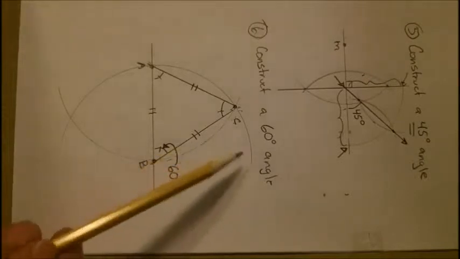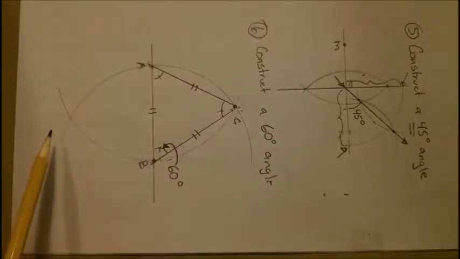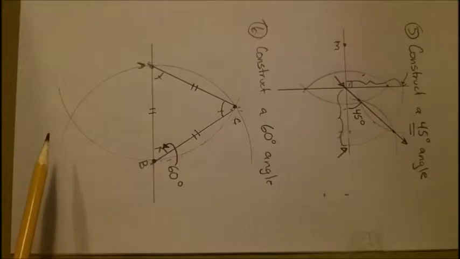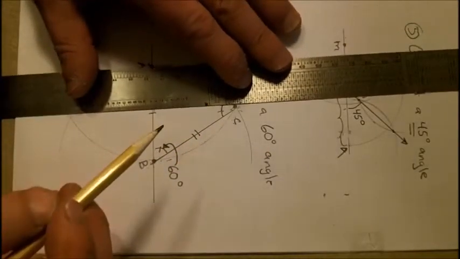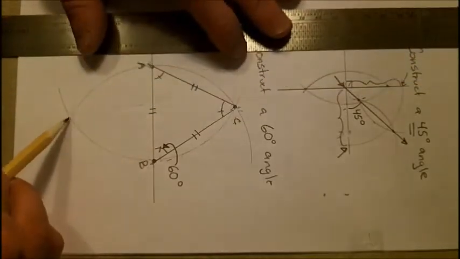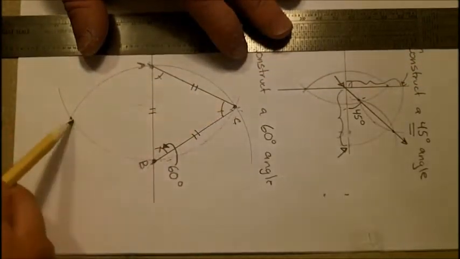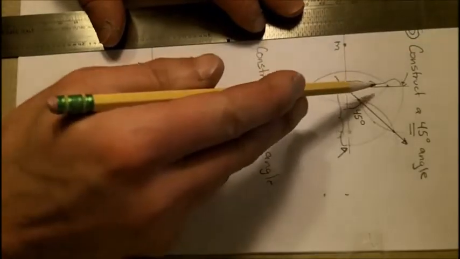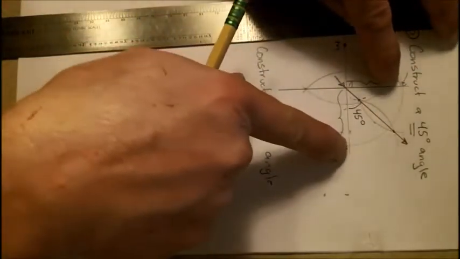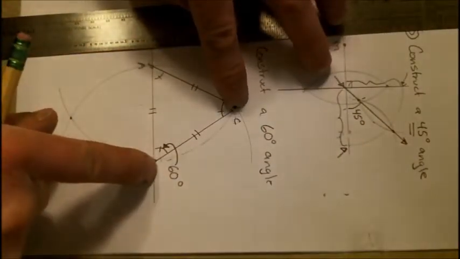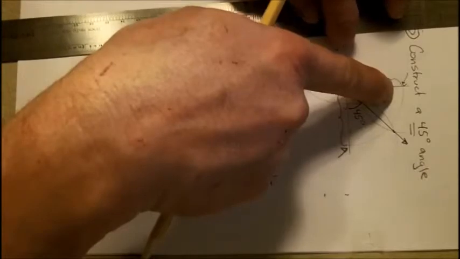Now, the reason I had you draw these arcs really big is because this allows us to do something else. If I connect these 2 points of intersection like we did up here, similar, okay? But the difference is that these points of intersection here are the same distance here. Here they are not.